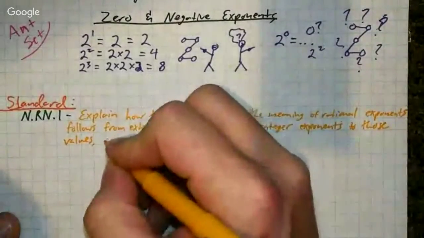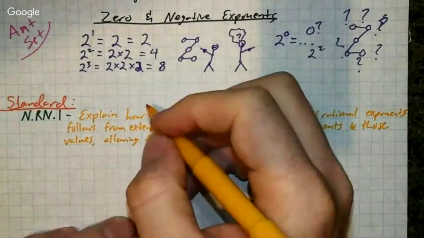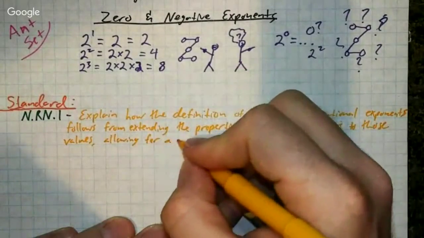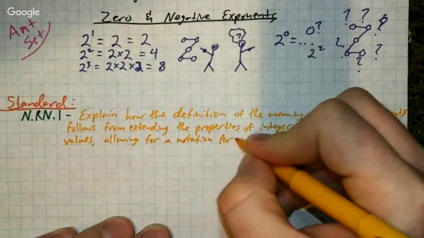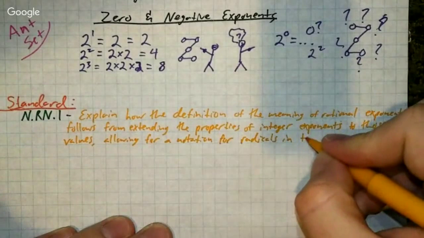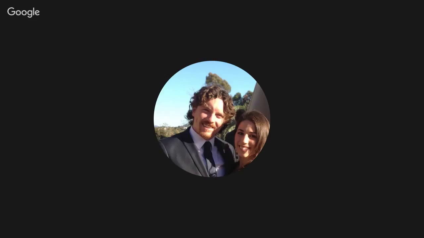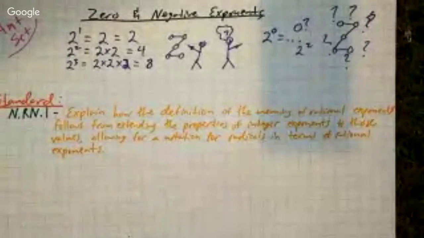Allowing for a notation for radicals in terms of rational exponents. All right, and that is a complicated, long, weird standard.